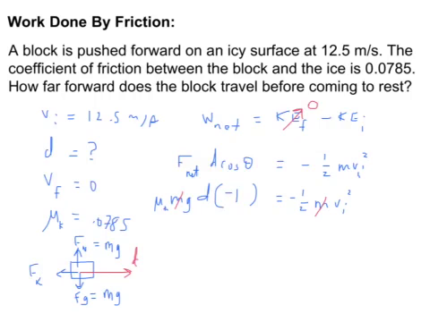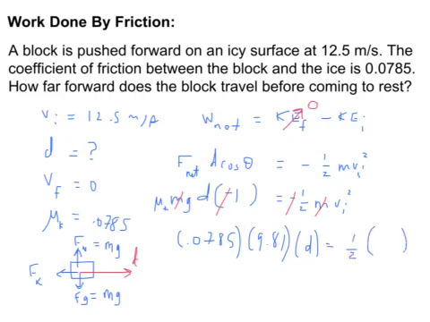Okay, so mu, we can plug in. We know that value, 0.0785. g is 9.81. d is what we're finding. And of course, look at this. The negative here cancels with this negative. And on the right, we have 1/2. The mass canceled. And the initial velocity squared, vi was 12.5.